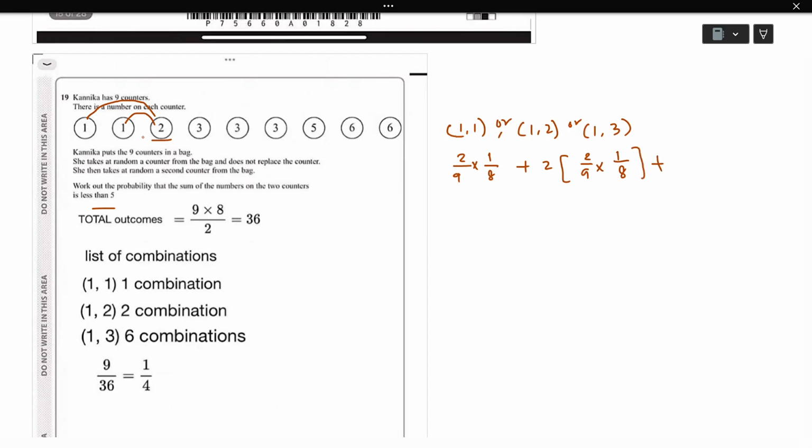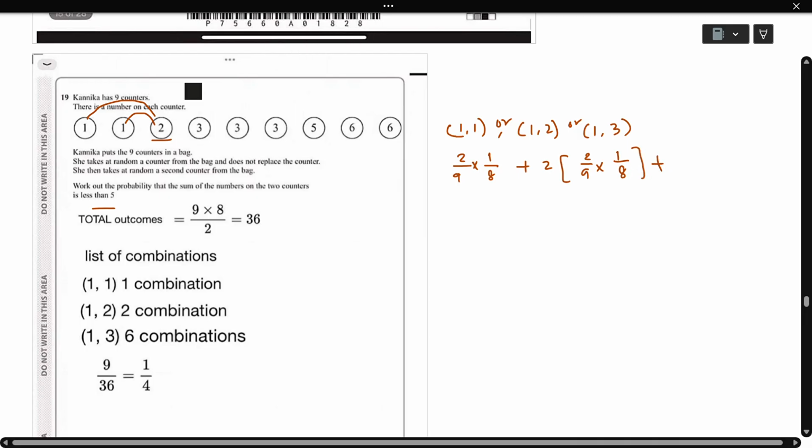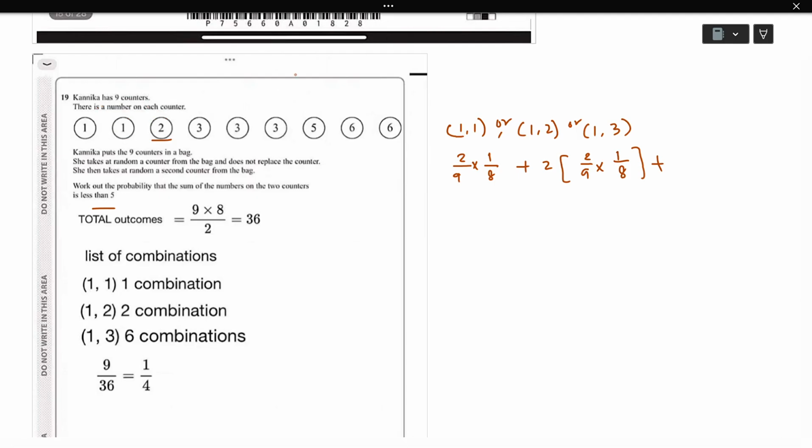Plus 1 comma 3: from this one, 1 2 3 chances, for this one 1 2 3 chances, so there are 6 chances. 6 into, the probability of 1 is 2 over 9, and for 3 there are 3 chances, 3 over 8.